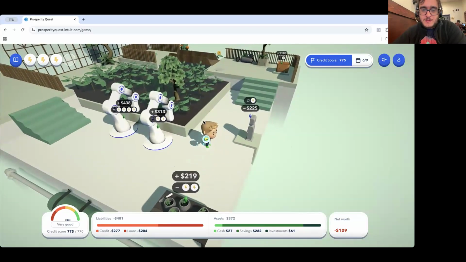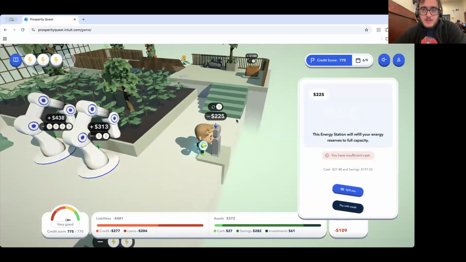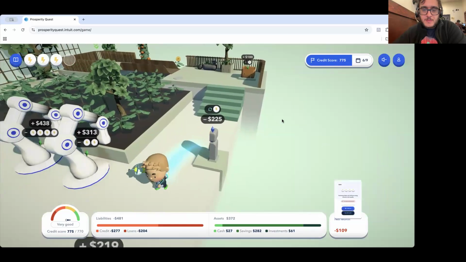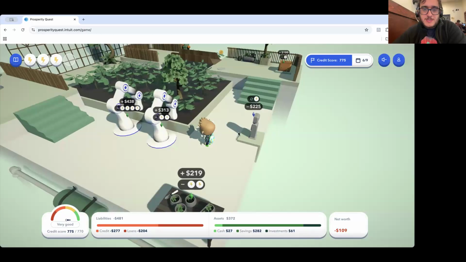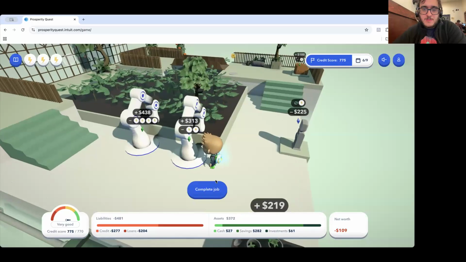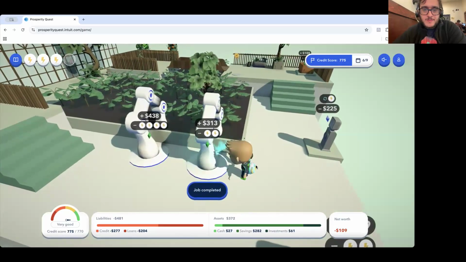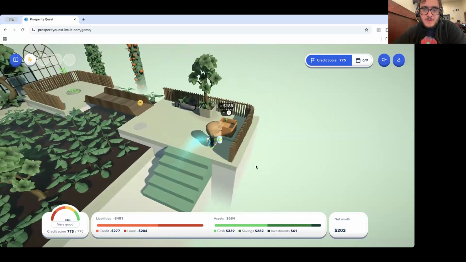I can spend 225 to refill completely, but I'm gonna wait a little bit. Yeah. We have 219. Let's think strategically what we can do here. So 219 or 313. So it makes sense for me to do this one. And then this job.